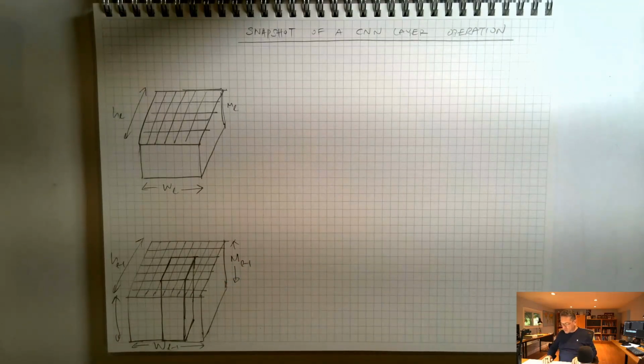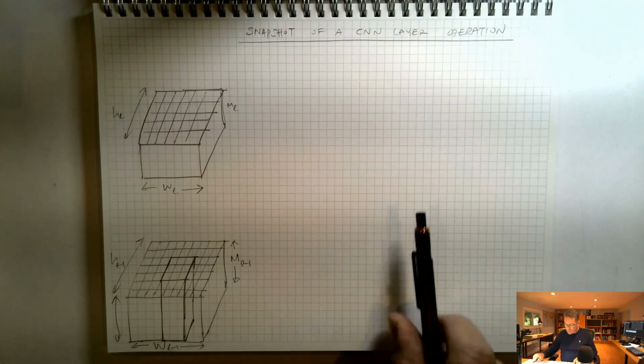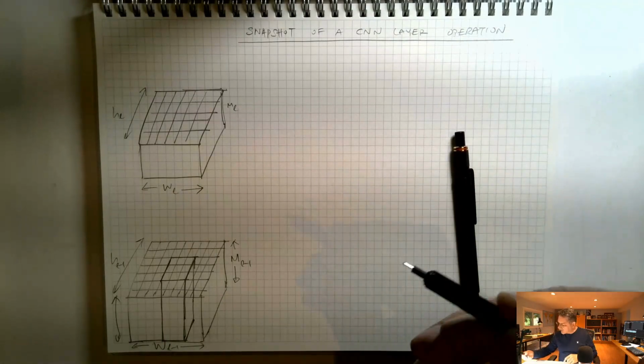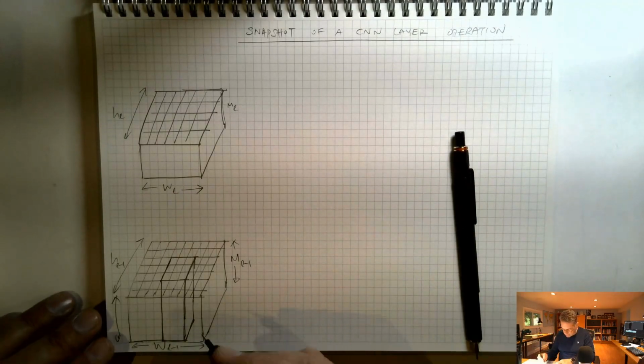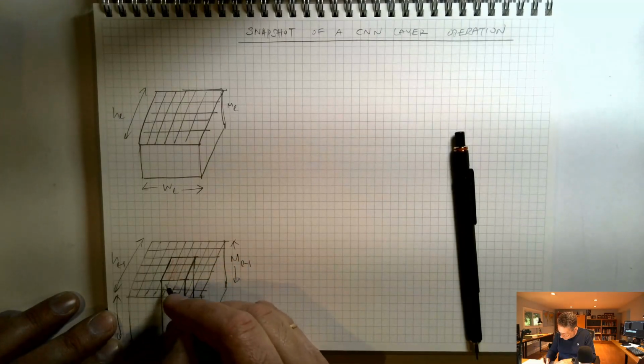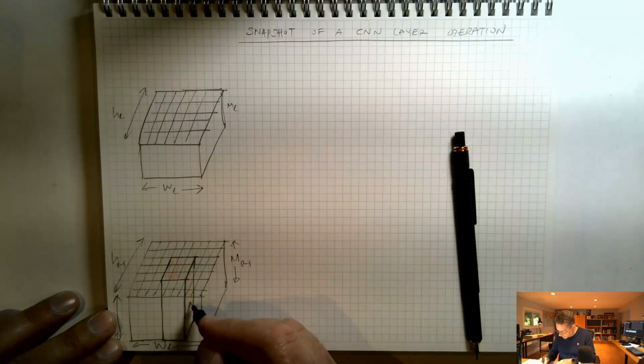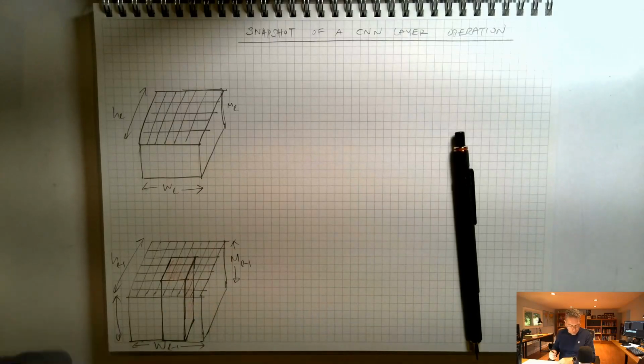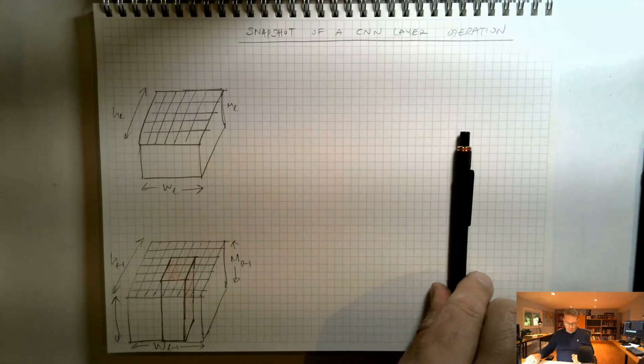So let's just draw it as such. And in fact, it is really this filter that we are going to be using to do this kind of three-dimensional correlation over here.